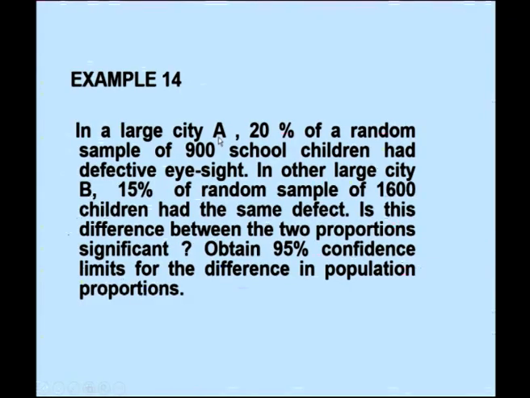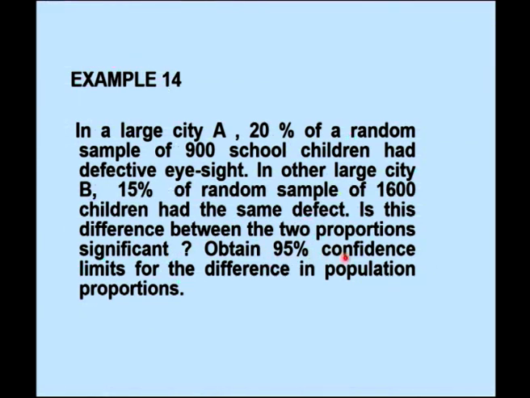After working out 13 examples in the test of significance, the 14th example now is: in a large city A, 20% of a random sample of 900 school children had defective eyesight. In another large city B, 15% of a random sample of 1600 children had the same defect. Is this difference between the two proportions significant?